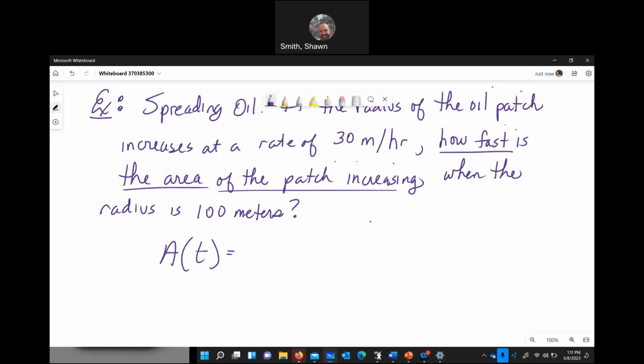Area of a circle, pi r squared, right? So this is pi. r is squared, but r is a function of time, right? The radius is changing at a rate of 30 meters per hour. So radius as a function of time, all squared.